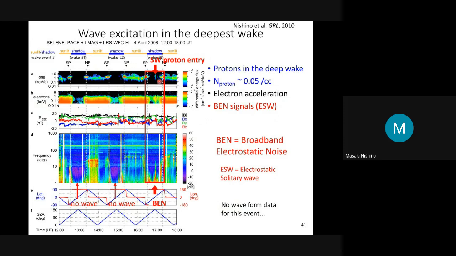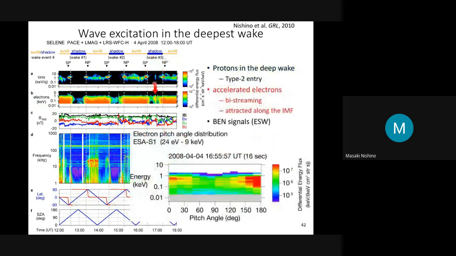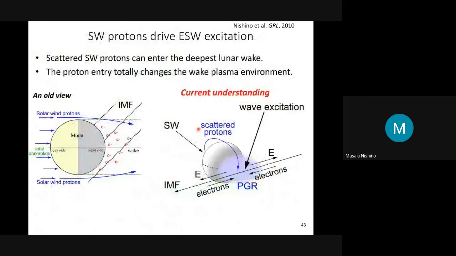But we clearly see solar wind proton entry here. These are ion signals, and these ions are once scattered on the lunar surface.